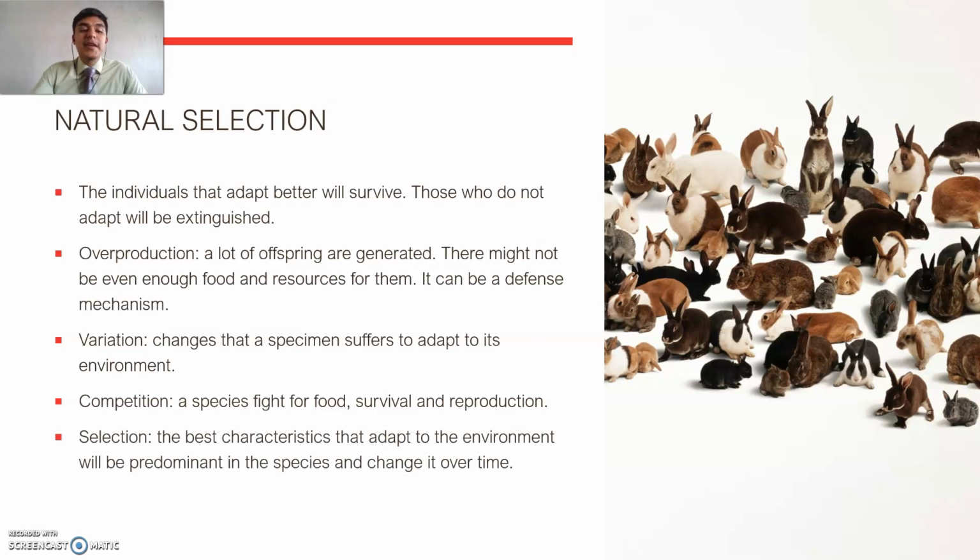And there is also something else that is known as selection, which is that the best characteristics that adapt to the environment will be predominant in the species and change it over time. So let me think of another example that I can give you about selection. Let's think of giraffes. You know that giraffes have an extremely long neck that helps them eat the leaves from very tall trees.